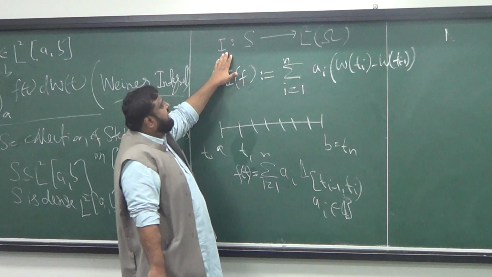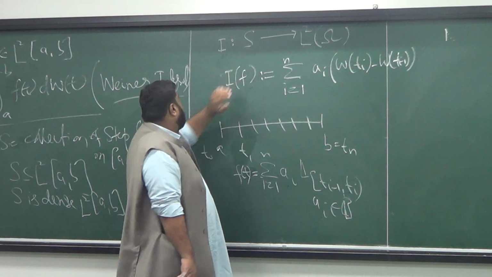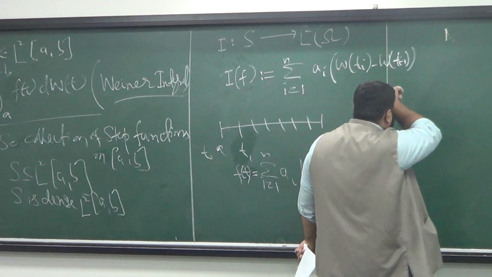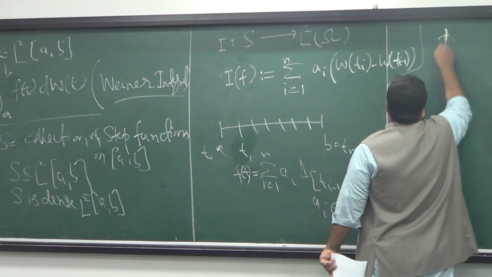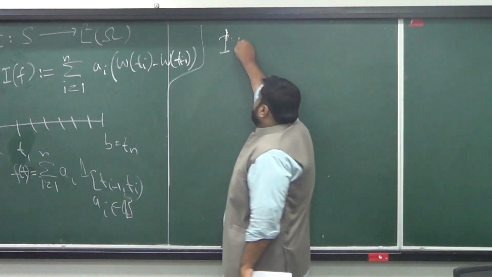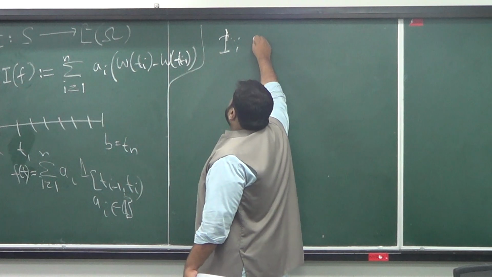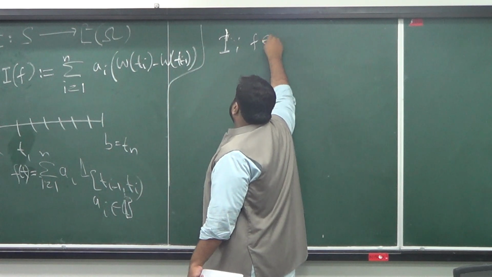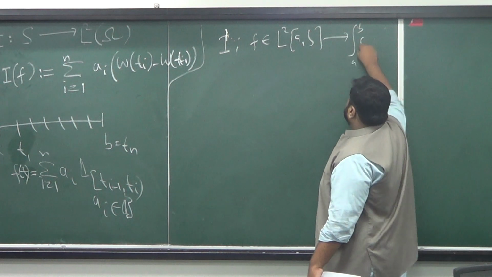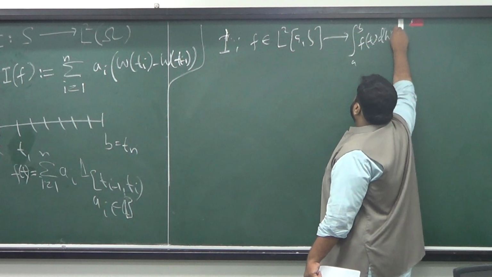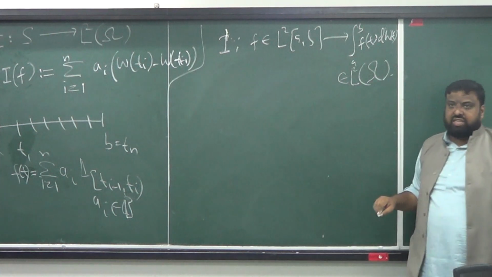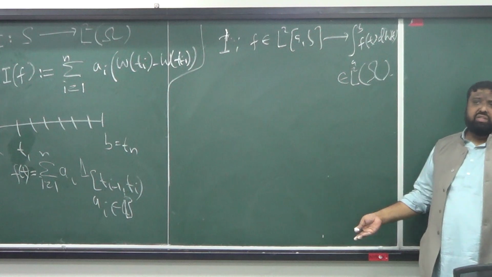In other words, I would like to extend this map from S to the space L2[a,b]. So I want an extension of this map, a map I, which I can give a different name, but let's just give it the same name I. I want a map I that takes an f from L2[a,b] and spits out the Wiener integral of this square integrable function, and this should be in the L2(Omega) space, where (Omega, F, P) is the underlying probability space.